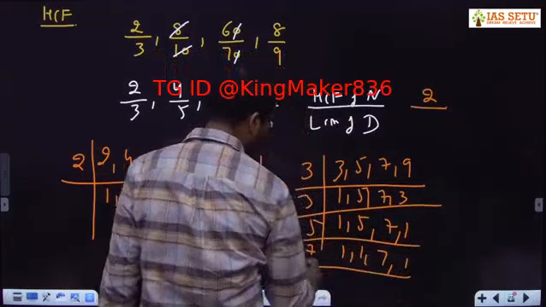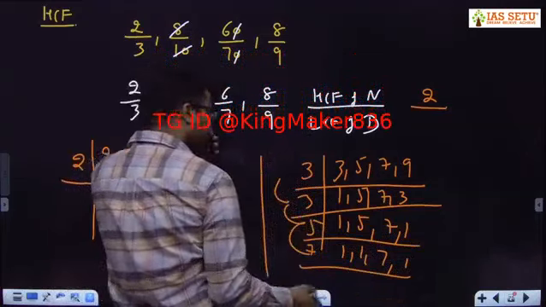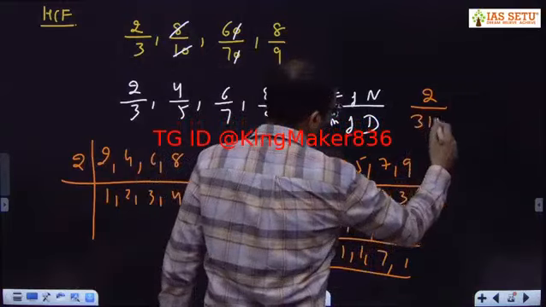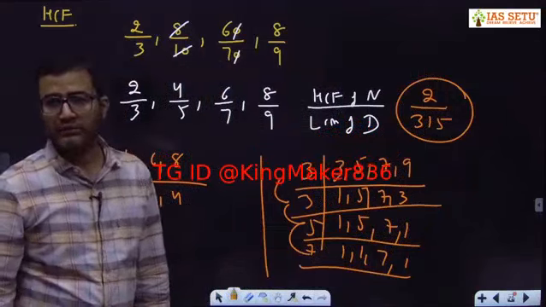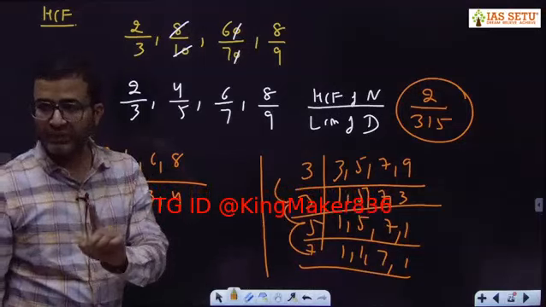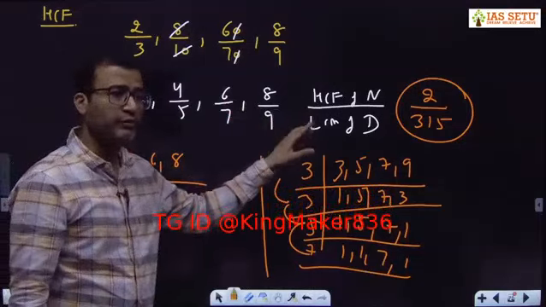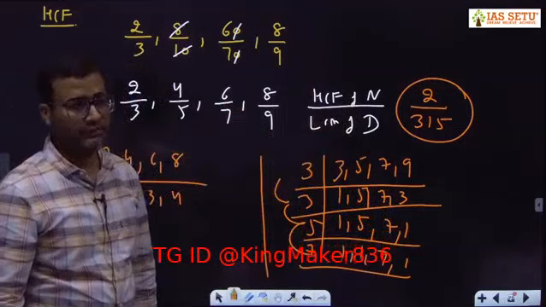Take 7 common. 9 into 5, 45 into 7, 315. So this is your answer. If you have to find HCF of fractions, simplify. Then what you have to find is HCF of numerator, LCM of denominator.